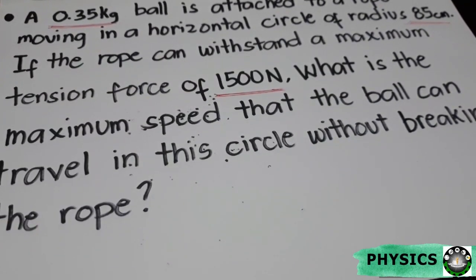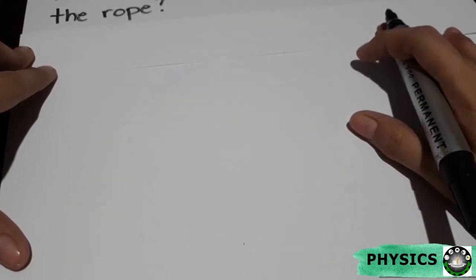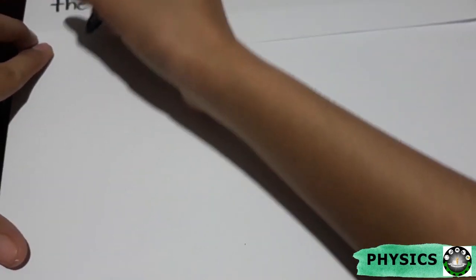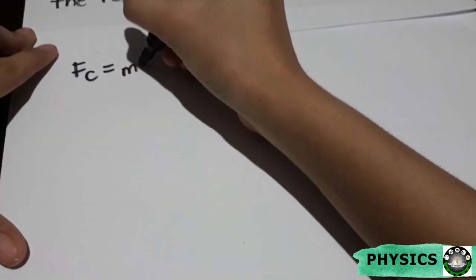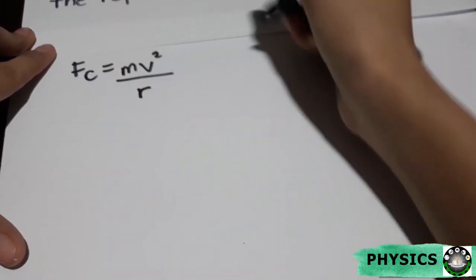In this example, we are looking at the speed. But what is the formula for speed? So if we're going to derive the formula for speed using the centripetal force formula, centripetal force is equal to mass multiplied to v squared over radius.